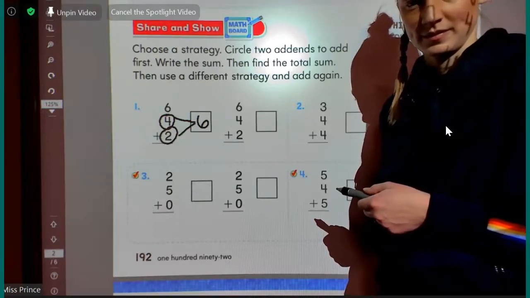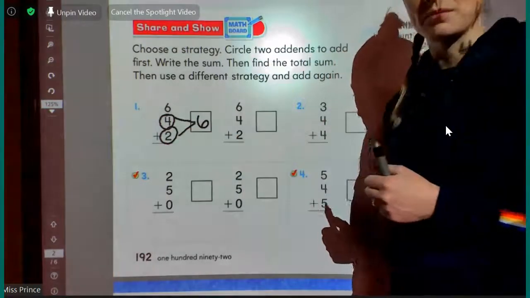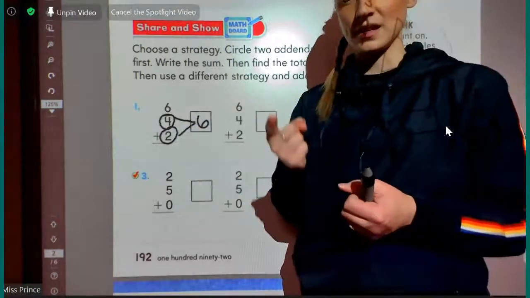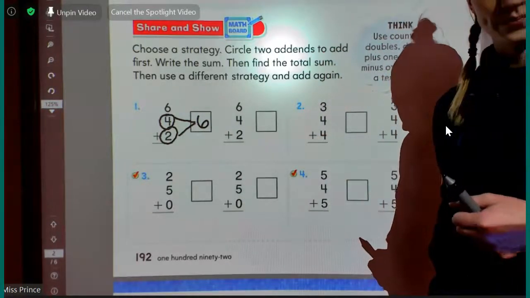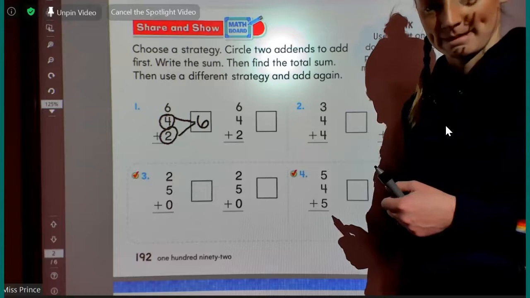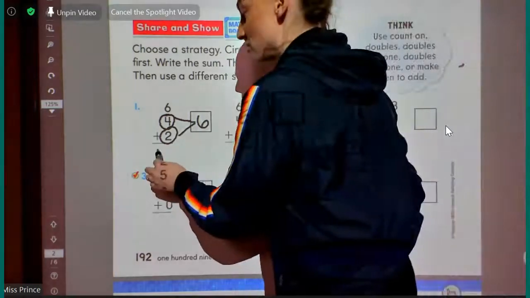I said 16. 6 plus 6. I want you to check one more time. Scoop up a 6 and then add 6 more. It equals 12. Nice job.